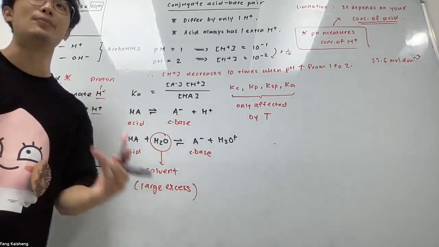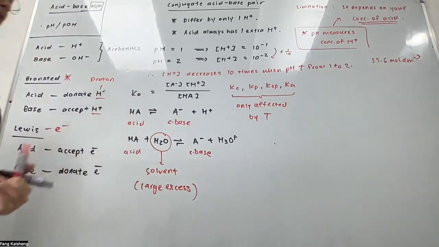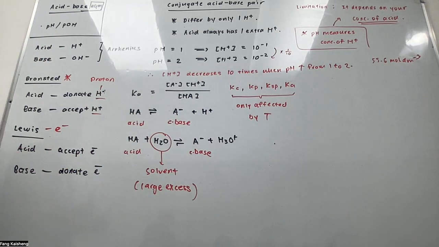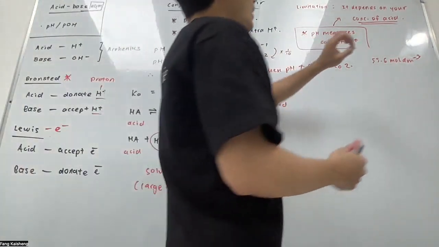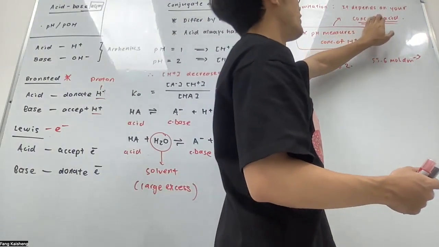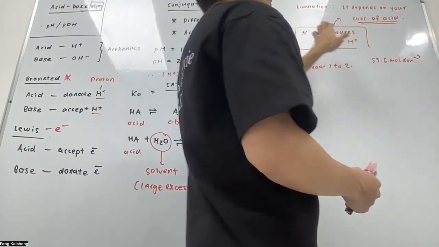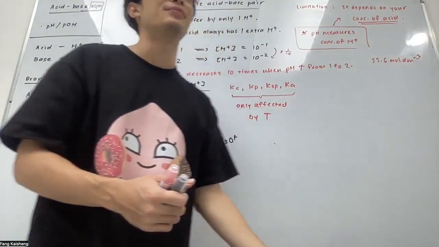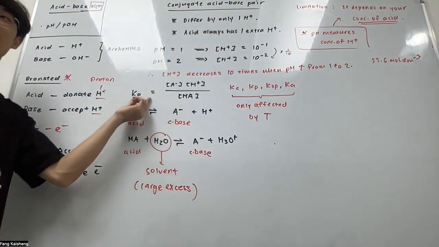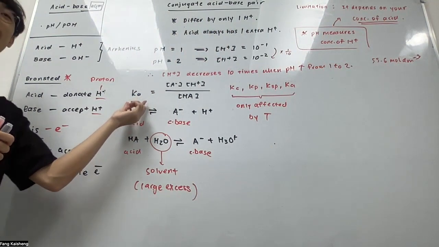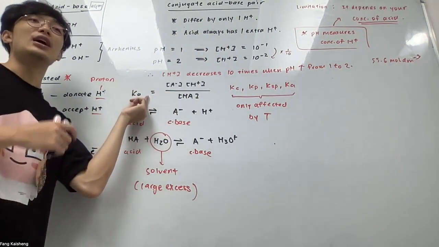That's just how the system works. Now, you all realize the problem that we're faced with? Because we can change the concentration of the acid, it's not a very good measure of the strength of an acid. But does concentration affect Ka? No.